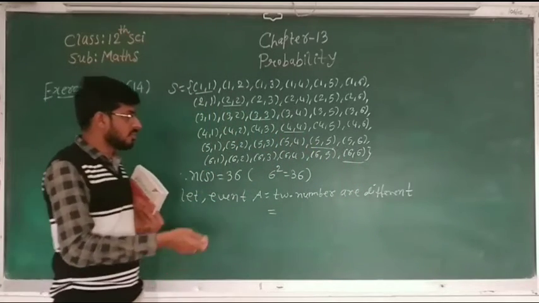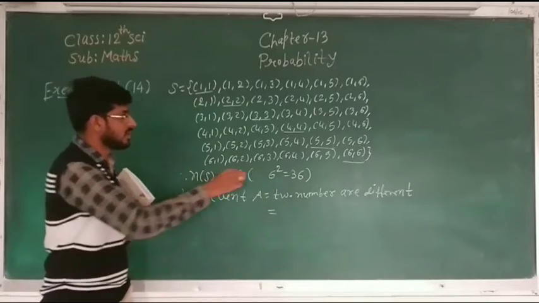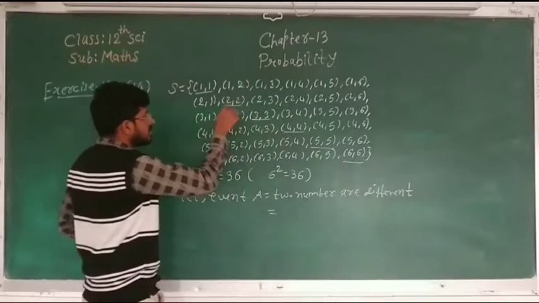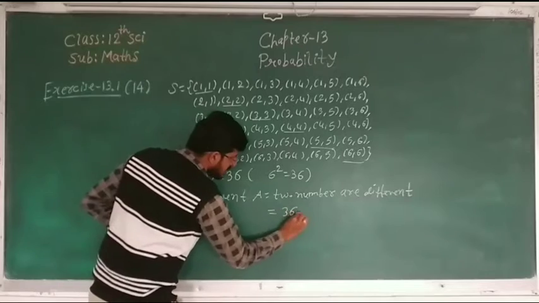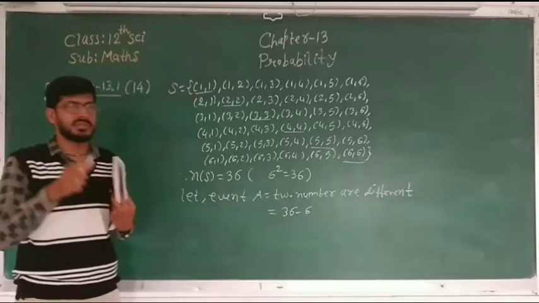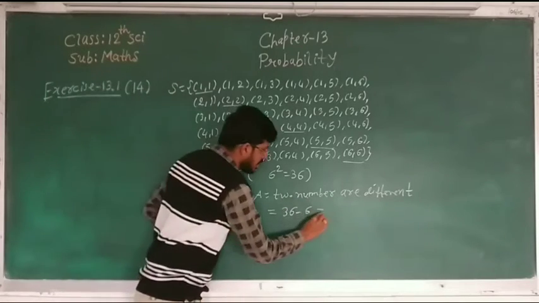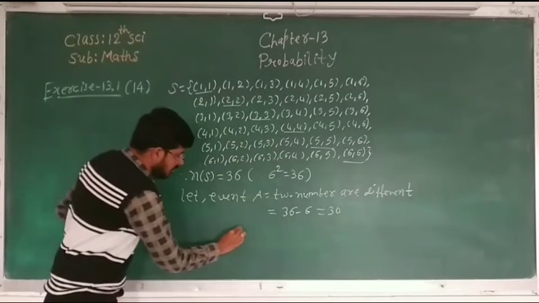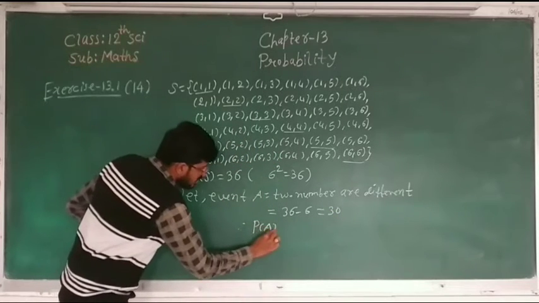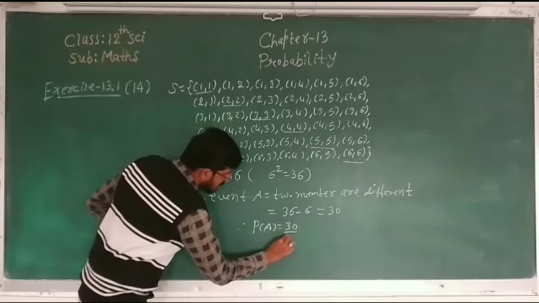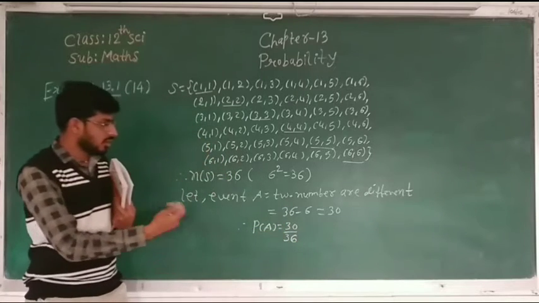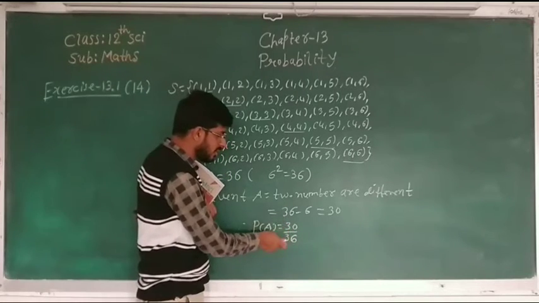So the total number of different outcomes will be 36 minus 6, because 6 outcomes are the same. So we get 30. Therefore P of A is equal to 30 upon 36. Here don't simplify, write it as it is, 30 by 36.